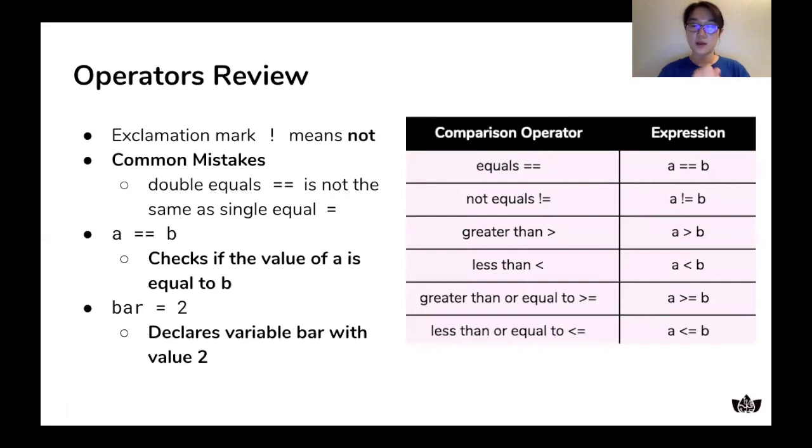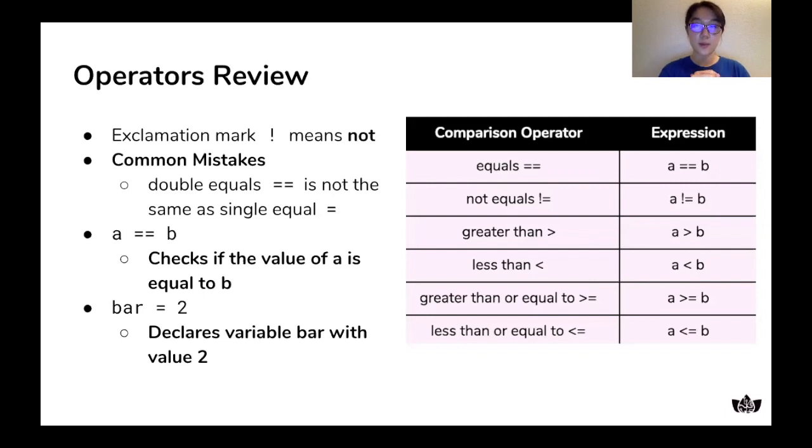So when we say not equals, if we have A is not equal to B, if that expression is true, it will return true. If it's false, it will return false. And likewise, we also have things where we compare greater than and less than. And these are things that we can all compare with floats and integers.